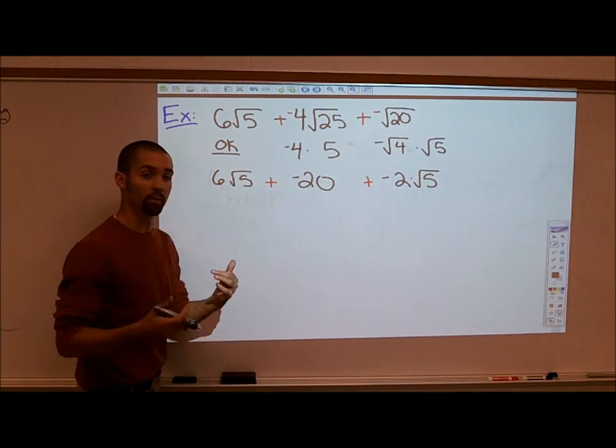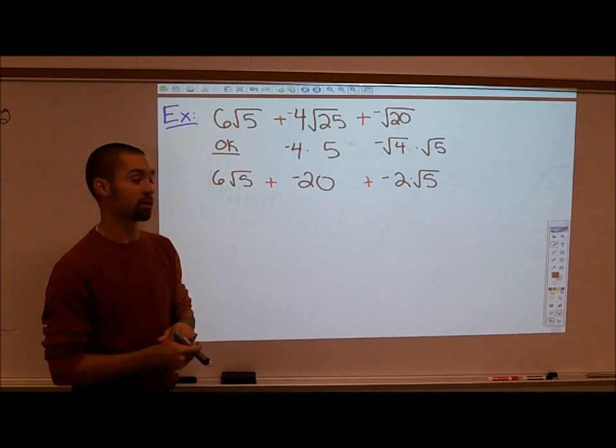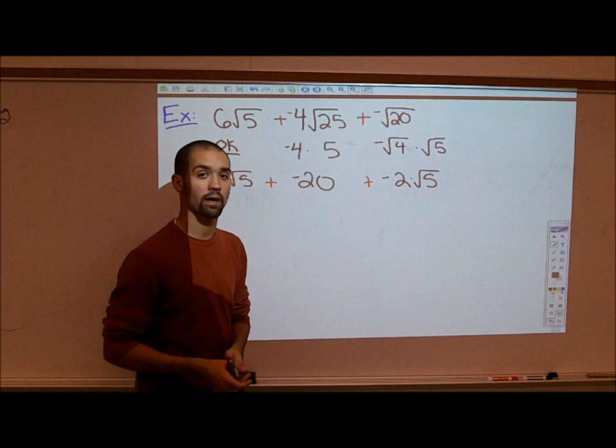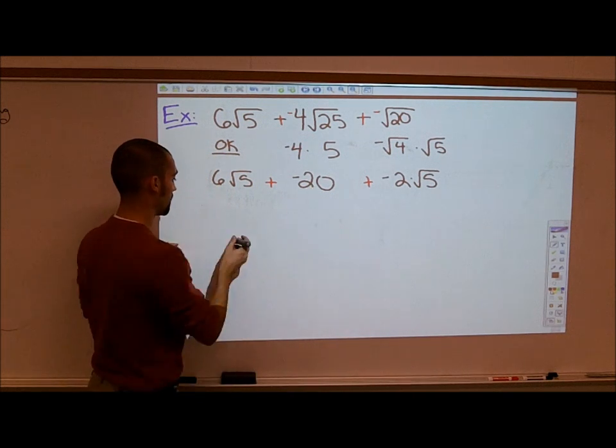Okay? So I'm going to put my like radicals by each other. Well, square root of 5 is going to go with square root of 5. So I'm going to just move this negative 20 out front.